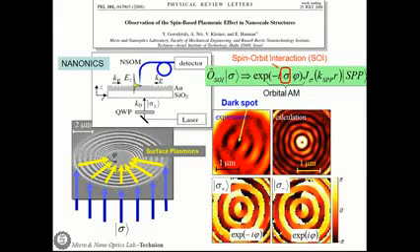In order to do that, we realized a Bragg grating with a defect, or resonator, inside upon a gold layer, surrounded by a coupler to couple the incident beam, the propagating wave, into a surface wave.